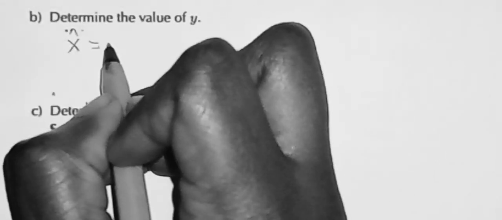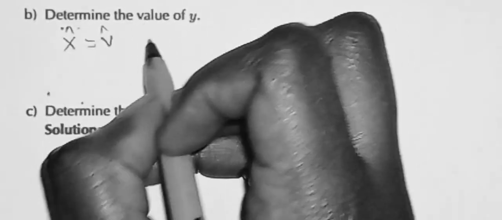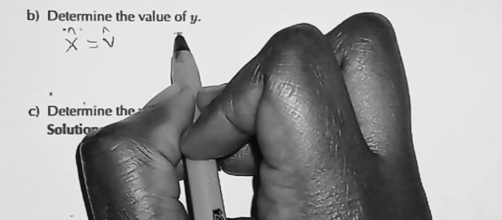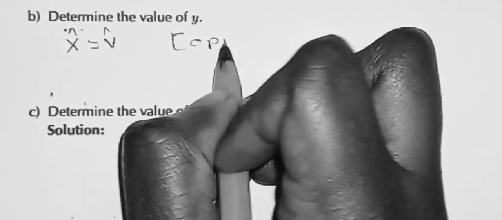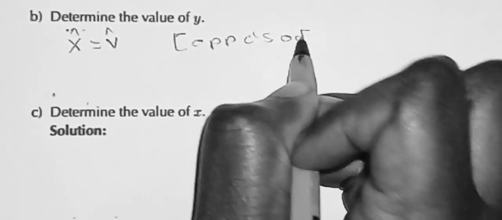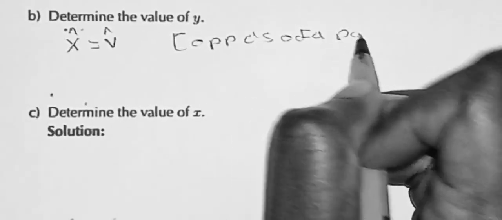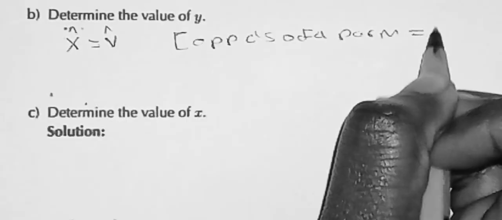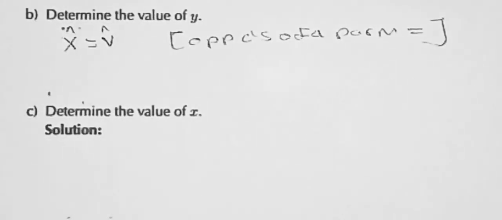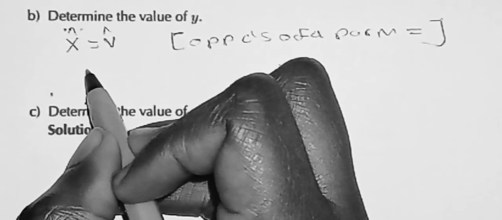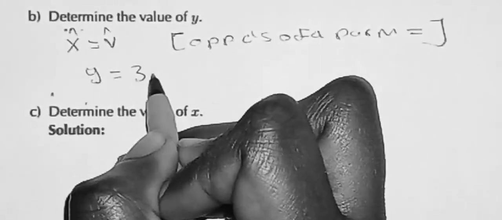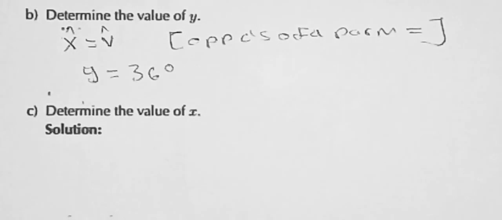So angle x is equal to v, reason: opposite angles of a parallelogram are equal. Therefore, y is equal to 36 degrees.